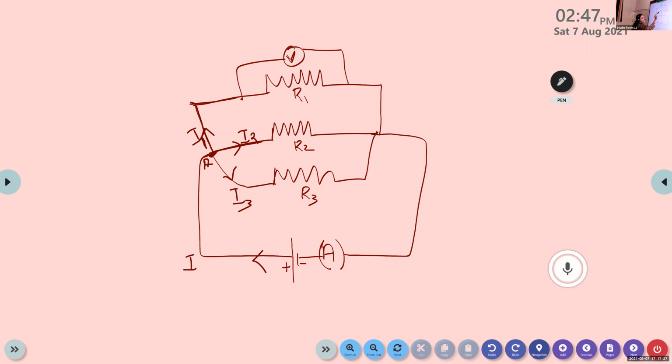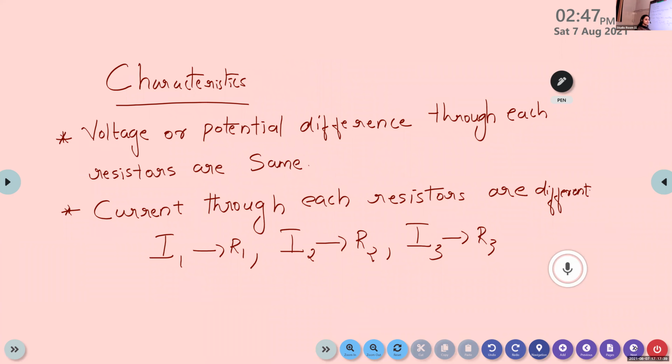Similarly, the current passing through R2 is I2, and the current flowing through R3 is I3. So in a parallel combination, a different amount of current flows through each resistor.